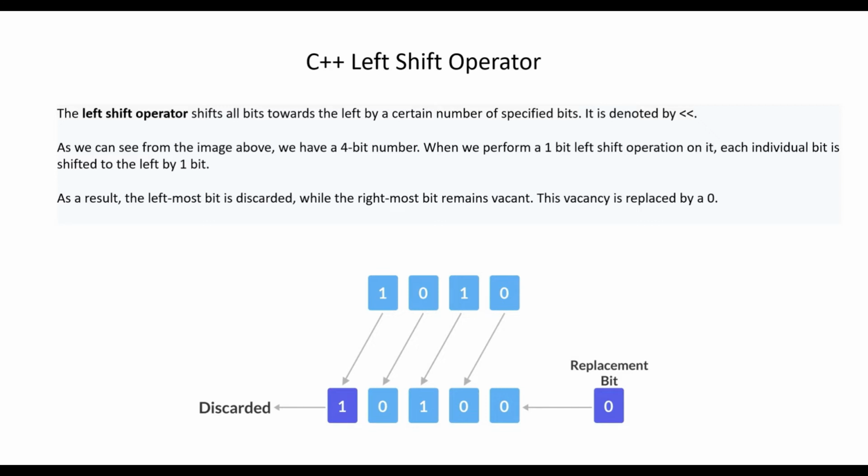You can see that we have 1010. When we shift by 1 bit here, the replacement bit is 0. The leftmost bit is discarded and 0 is added to the vacancy. So this is the common example of the left shift operator.